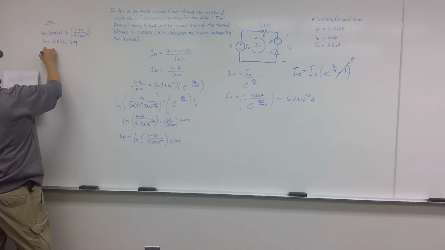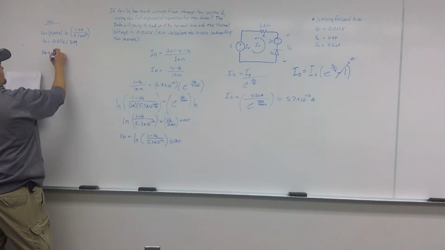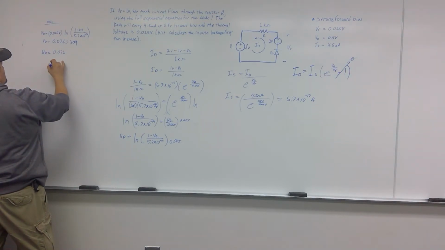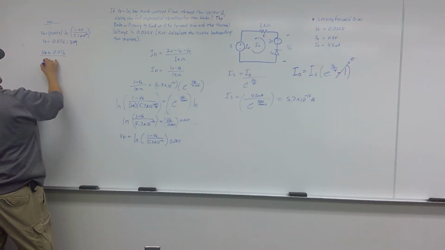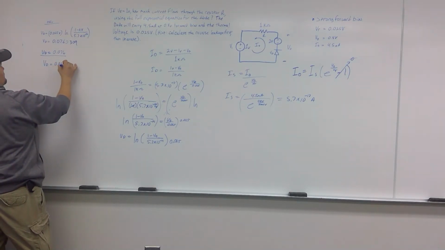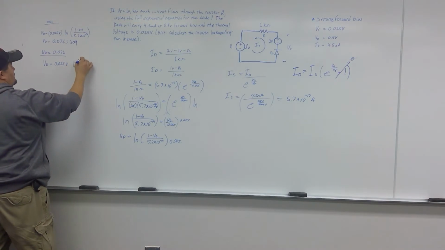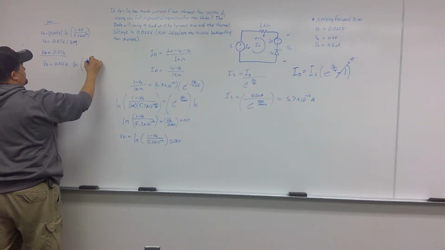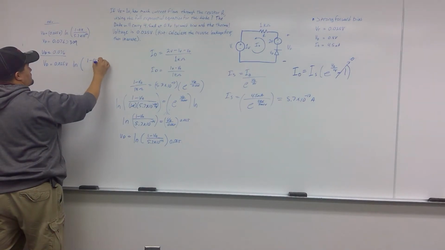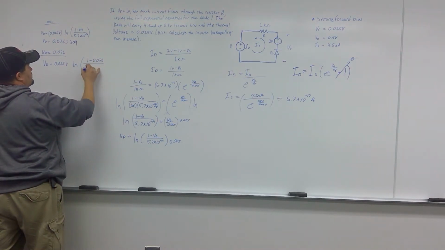So it'll be VD equals, and I'm going to shorten it down to 0.076. That's our next guess. So it would be VD equals 0.025 volts times ln of 1 minus 0.076 all over 5.7 times 10 to the negative 14.